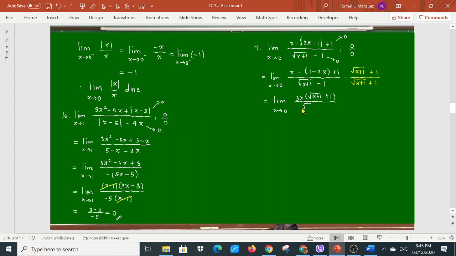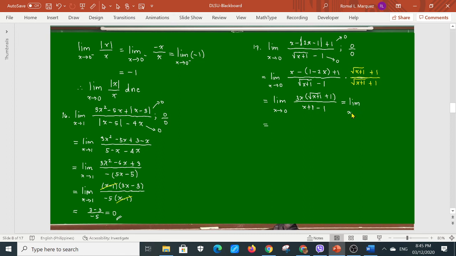Square the first, minus the square of the second. The denominator is simply x. So, I can cancel that with the x here.